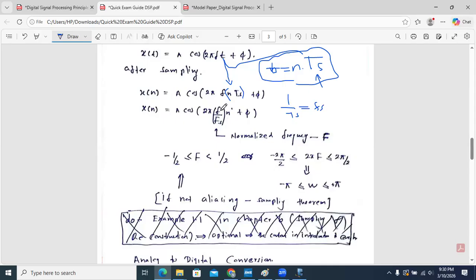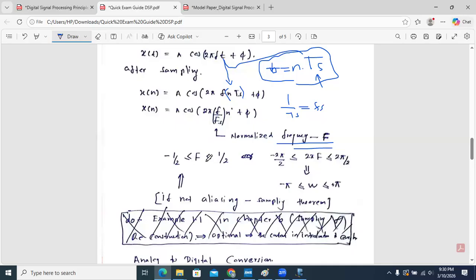So you will have f divided by Fs, where f is the signal frequency and Fs is the sampling frequency. The signal frequency divided by the sampling frequency is referred to as the normalized frequency, and the normalized frequency should be between minus half and plus half. It cannot be larger than that.